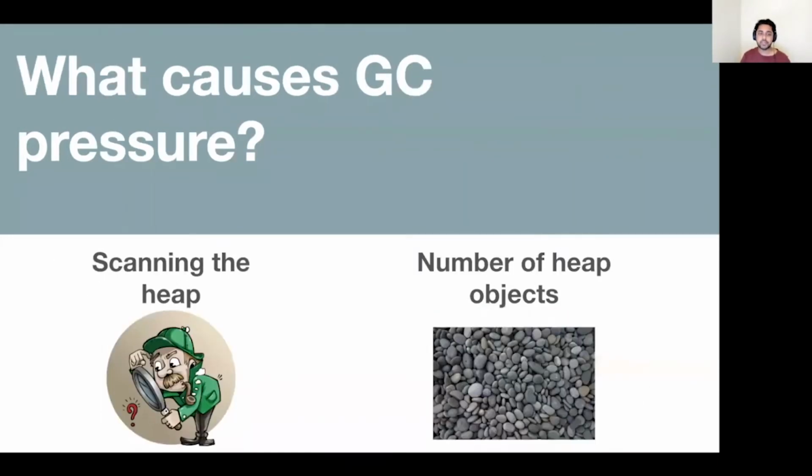So the next thing we need to know is what actually causes GC pressure. In order to determine what memory is ready to be cleaned up, the Go garbage collector needs to scan every single object in the heap to determine if it's still in use or not. So as the number of objects in the heap grows, so does the amount of time spent scanning the heap and the amount of resources spent on garbage collection.